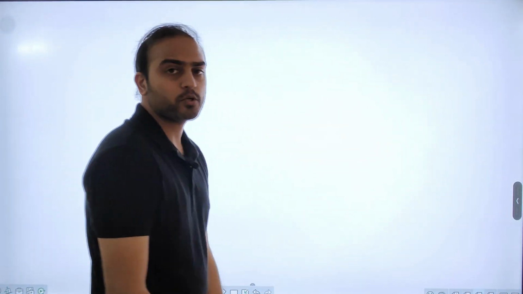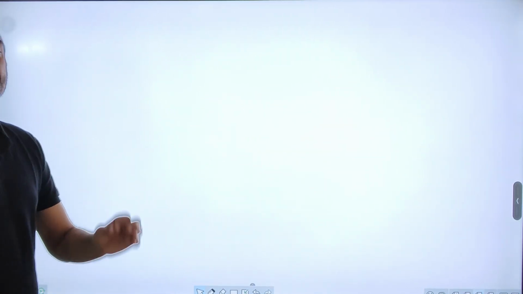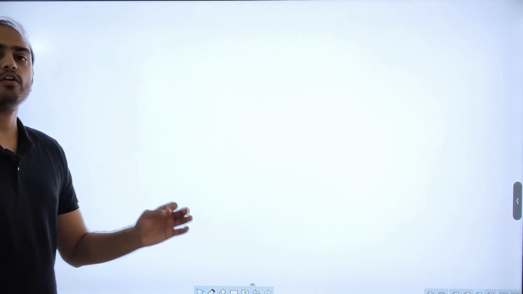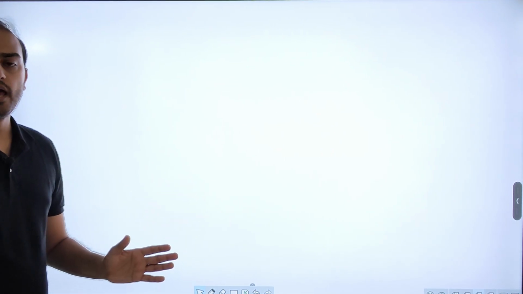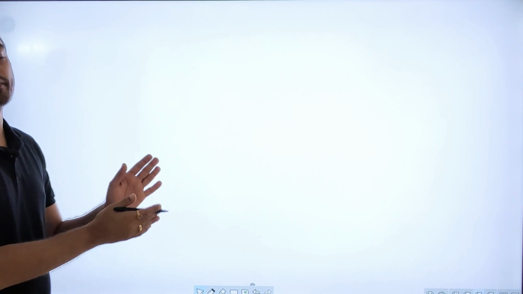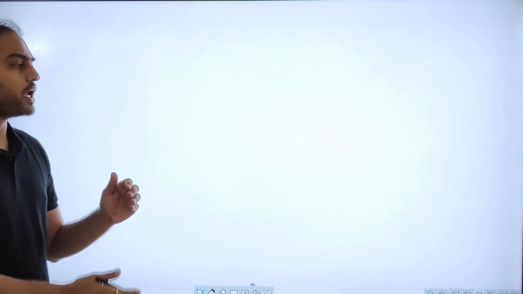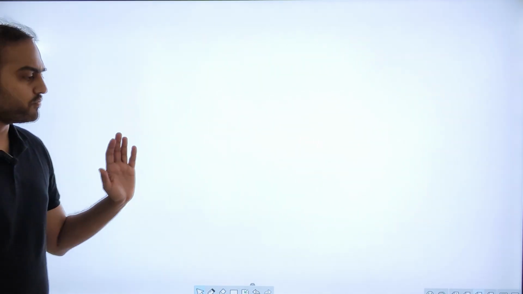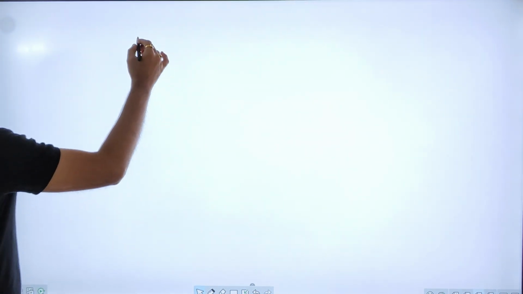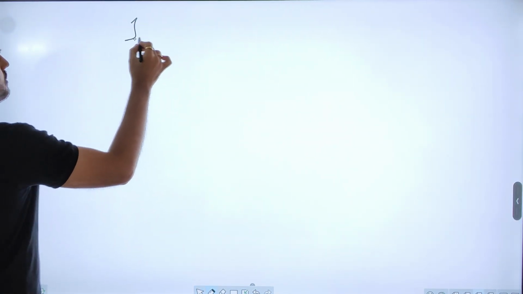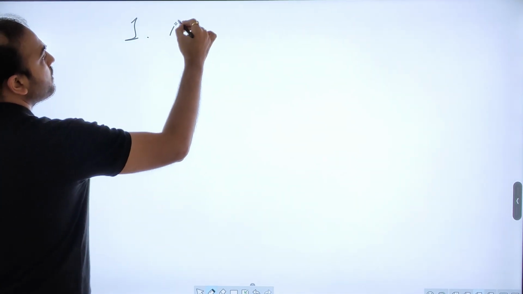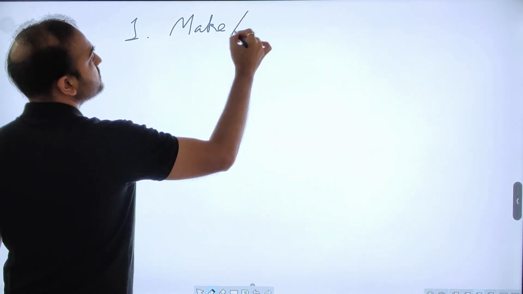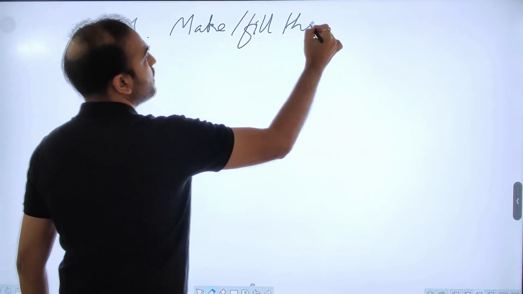Before we jump to questions, let me give you simple steps that we need to follow to solve all the questions. If you follow these steps and make the table correctly, trust me, you will be able to solve all the questions very easily. Step number 1, make or fill the table.